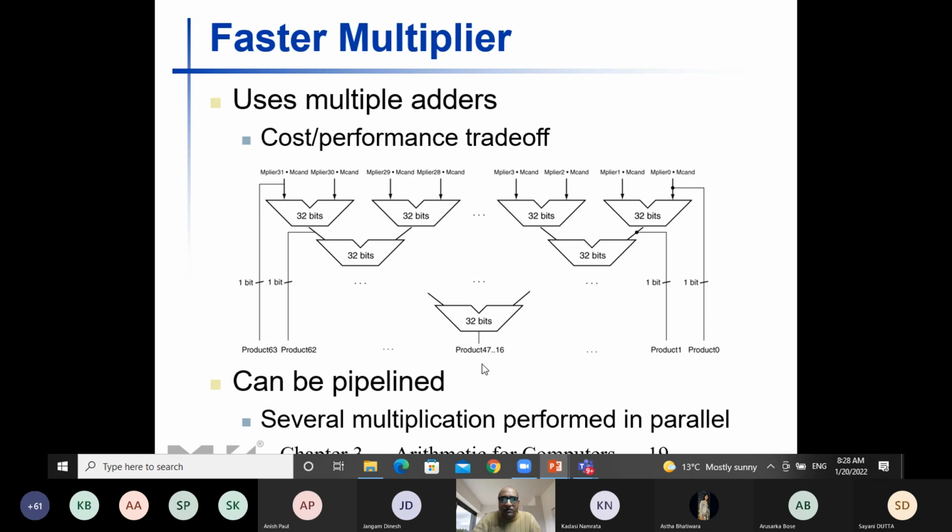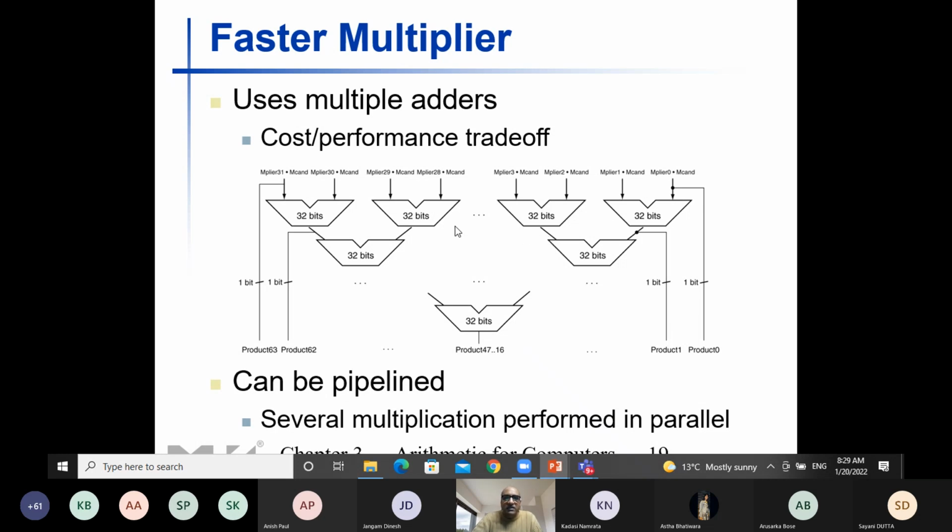The final adder will give you 32 bits of output, which will be the middle of the 64 bits, and the remaining 32 bits can be generated from the initial tapped points, 16 over here and 16 over here. That way you get the total 64-bit result of the multiplier by keeping the adders in a hierarchical tree structure.